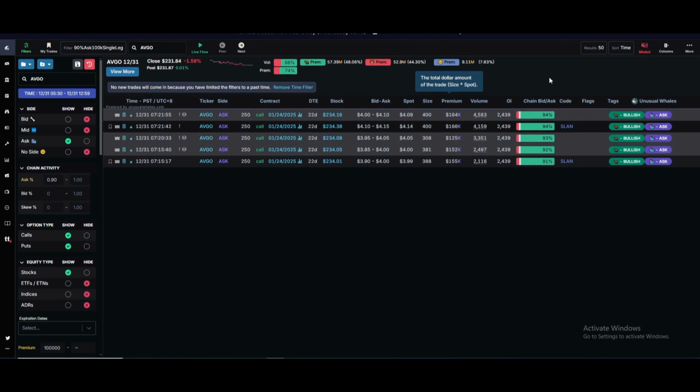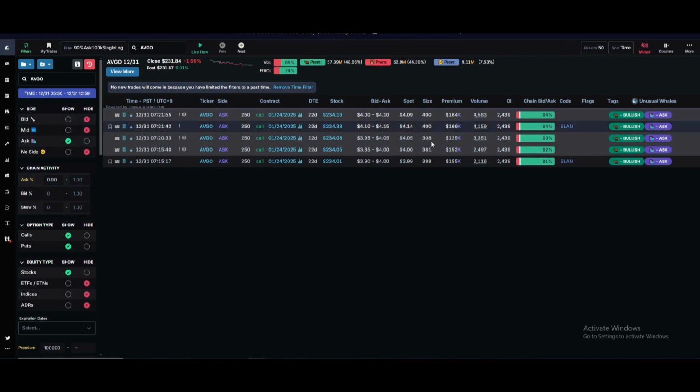This is one of the tricky things about understanding flow: you have to look at all the different sides of it and see what's really going on. Some of us can be guilty of not fully looking through and seeing if there are other transactions happening.